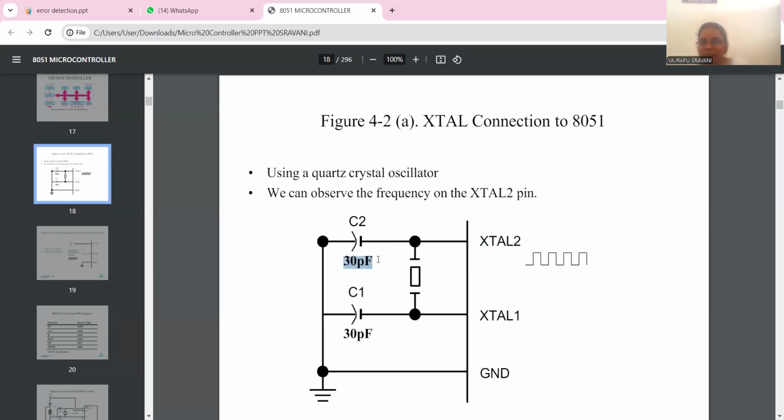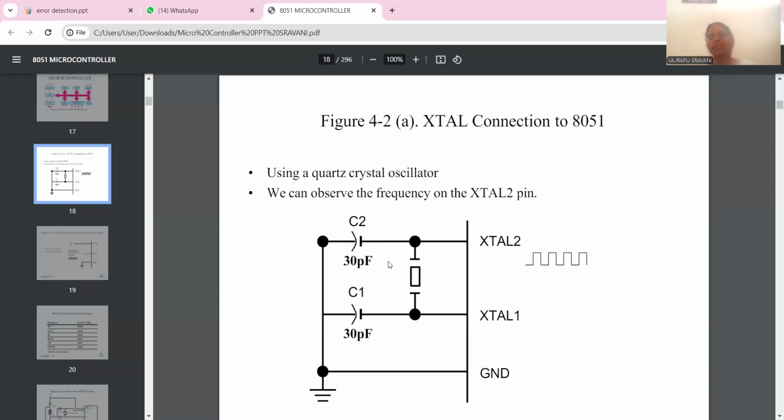We are using 30 picofarad capacitors. One terminal is connected to the ground. The other C1 capacitor terminal is also connected to ground. Here one terminal of the C2 capacitor is connected to XTAL2, and one plate of the C1 capacitor is connected with XTAL1.